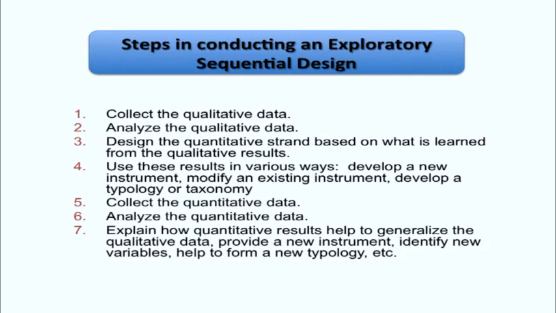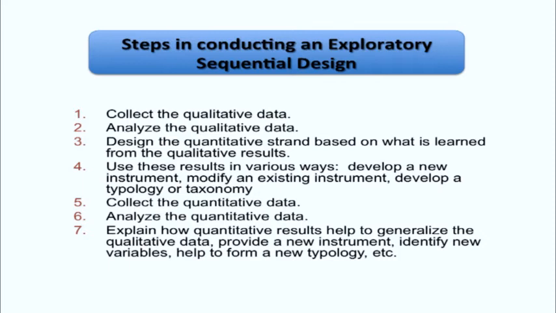Another might be to modify an existing instrument, or to develop an intervention that might actually work with a group of people. Another reason would be to develop some type of a classification, typology, taxonomy that then would be tested quantitatively. So there's a number of quantitative types of products that could be developed in this second phase.